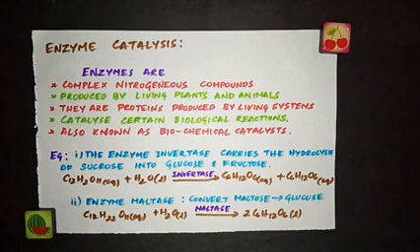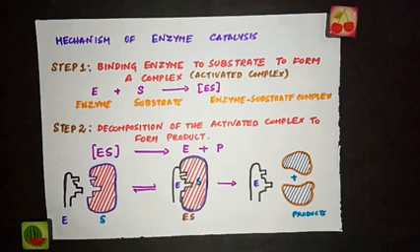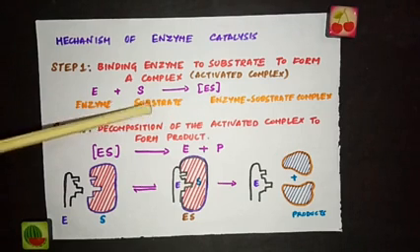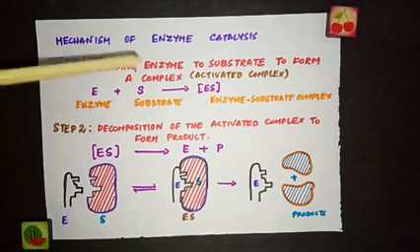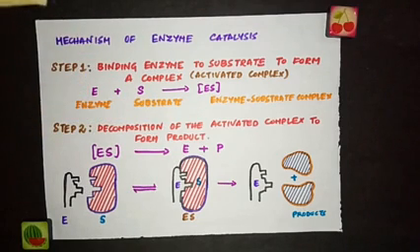Now let's move on to the mechanism of enzyme catalysis. The substances which are catalyzed are called substrates, which are nothing but the reactant molecules. On the surface of the enzyme molecules, there are a number of active centers which contain active groups like NH2, COOH, OH, etc. These functional groups are active sites on the surface of the enzyme.